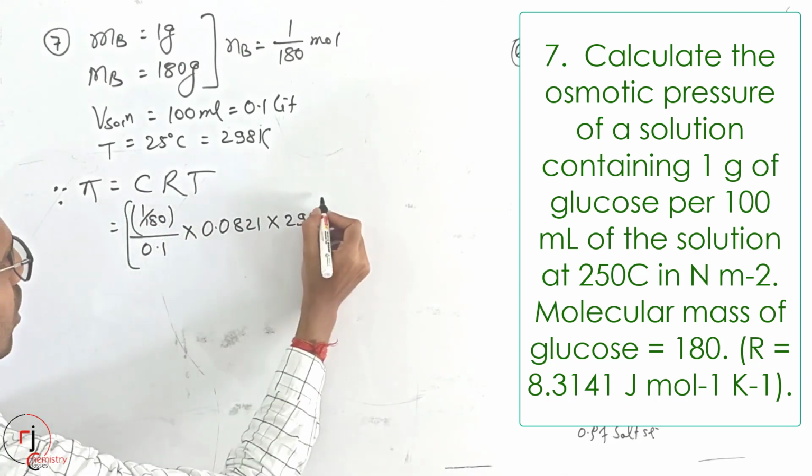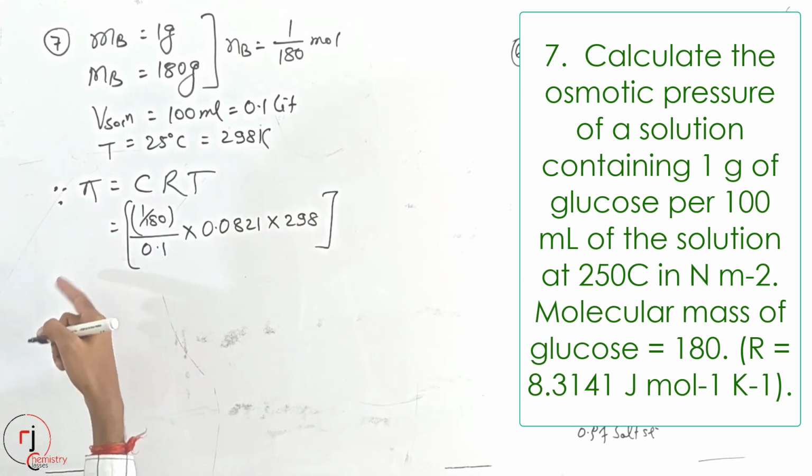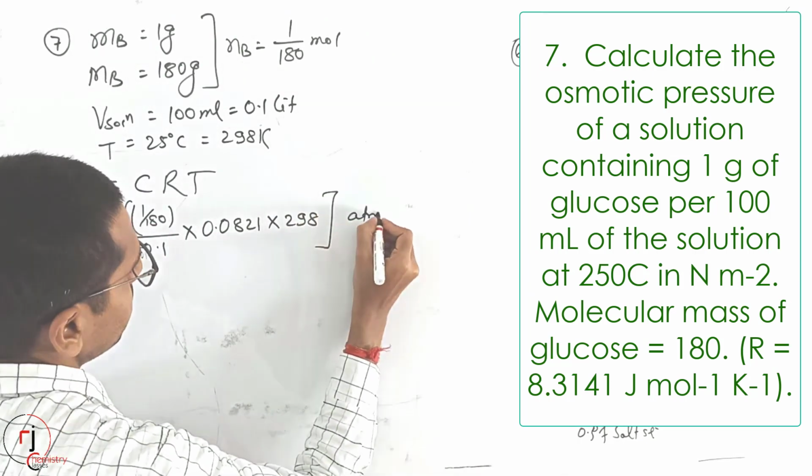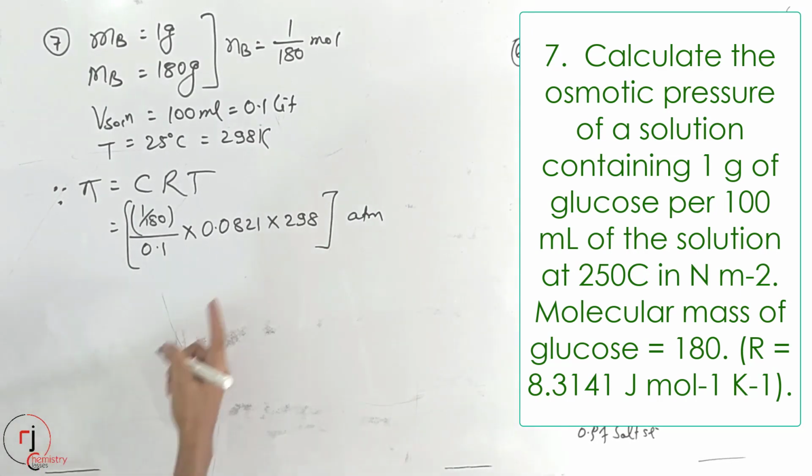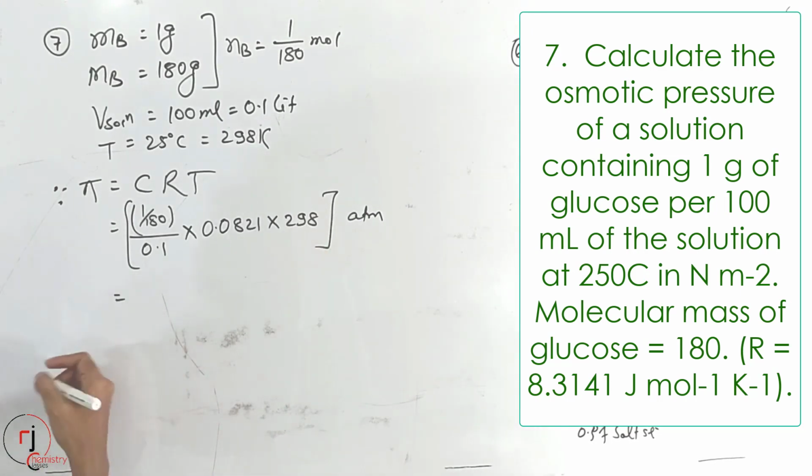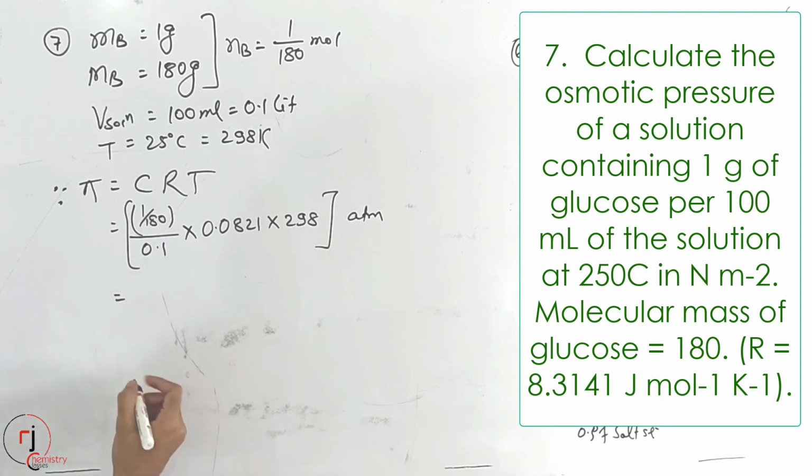But this term is obtained in terms of atm. Here the osmotic pressure is obtained in the unit atm, but the question asks us to calculate the osmotic pressure in Newton per meter square.